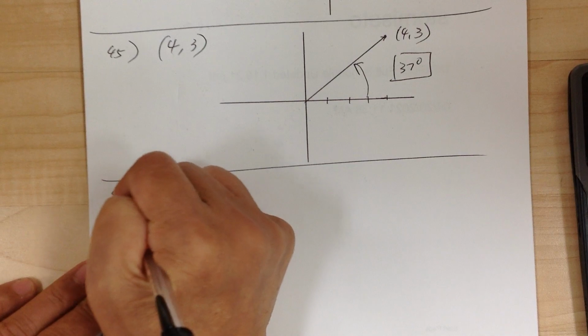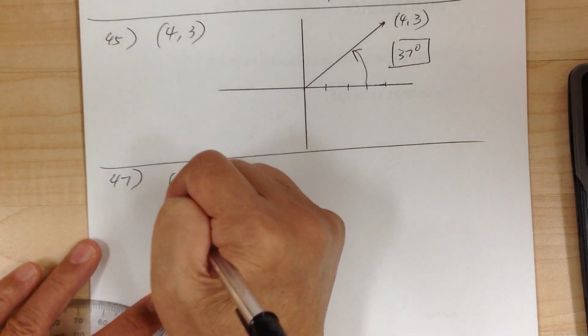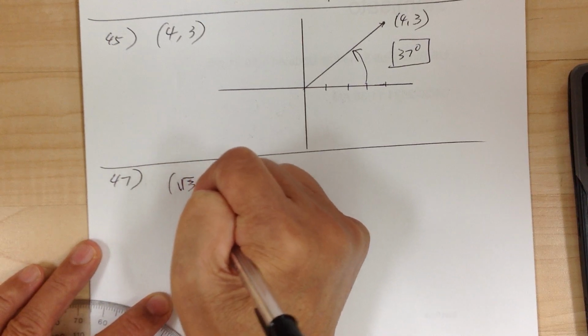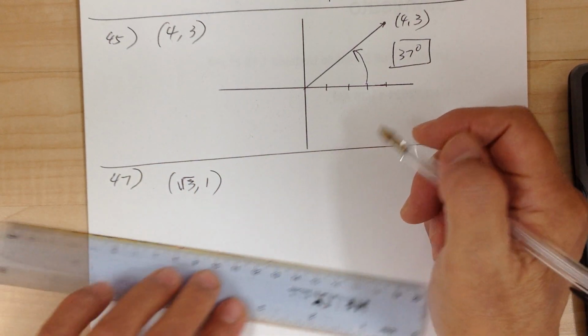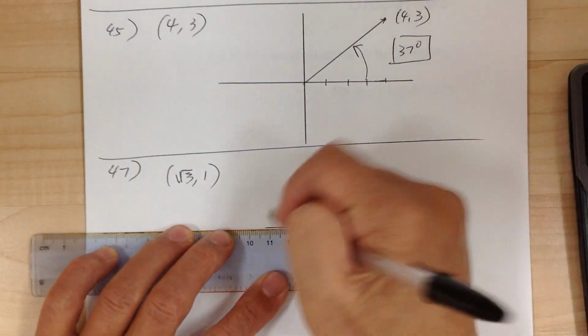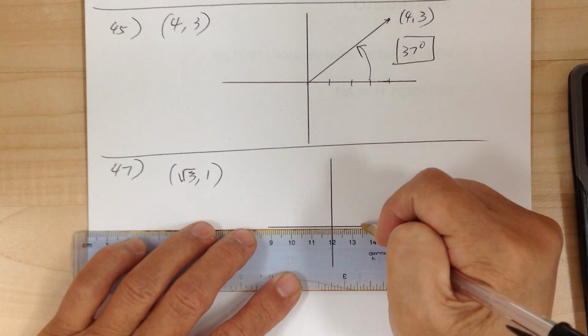Okay, number 47. You have the square root of 3, 1. Square root of 3 is about 1.7.